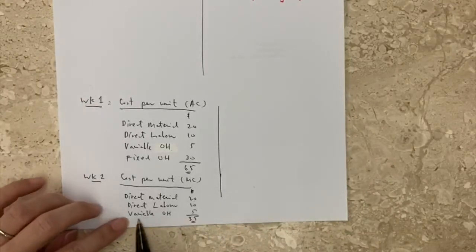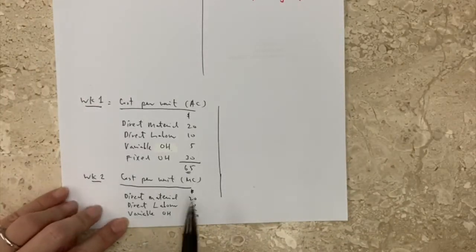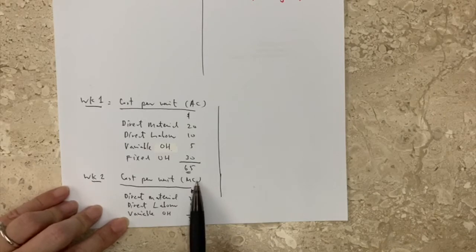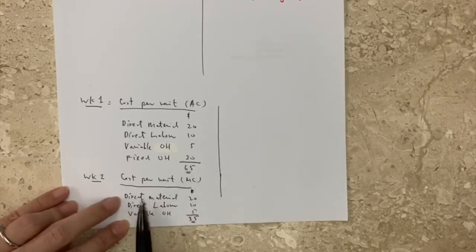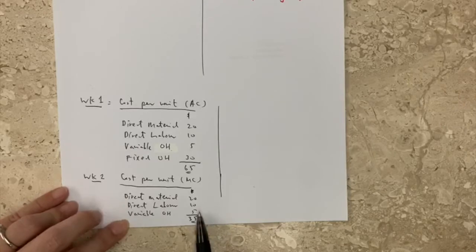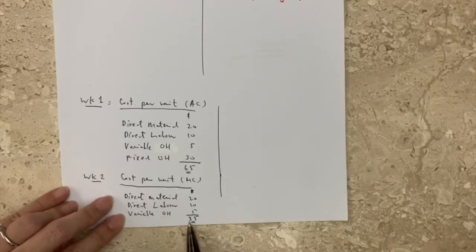What cost is not included here? Fixed, because under marginal costing, the purpose is for decision making, so fixed overhead is irrelevant to decision making. Therefore, for the cost per unit we only have direct material, direct labor, and variable overhead, which is 35 per unit.